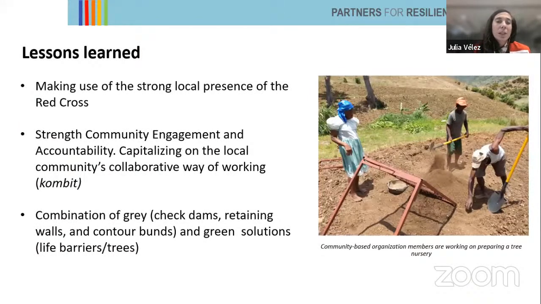Making use of the local presence of the Red Cross has been key, especially in the Haitian context, where we have sometimes witnessed social protests, and also during COVID. Strengthening community engagement and accountability through collaborative and traditional ways such as Convit in Haiti also matters. The combination of gray and green solutions has had more impact within the community, and people were more keen to listen to our solutions.